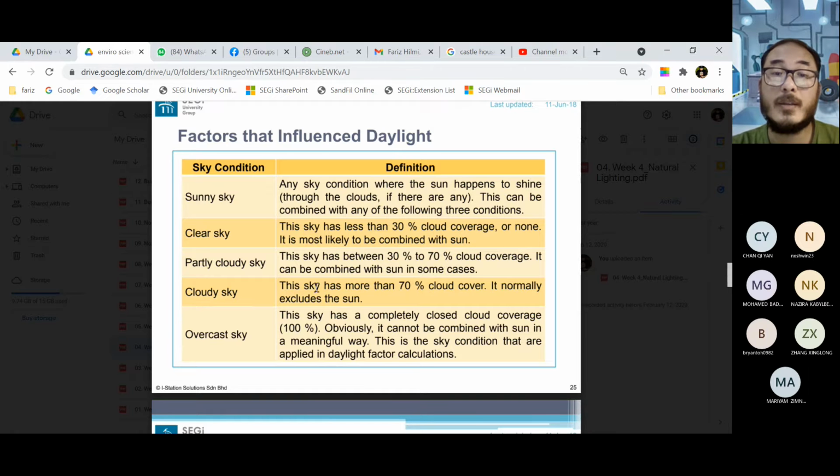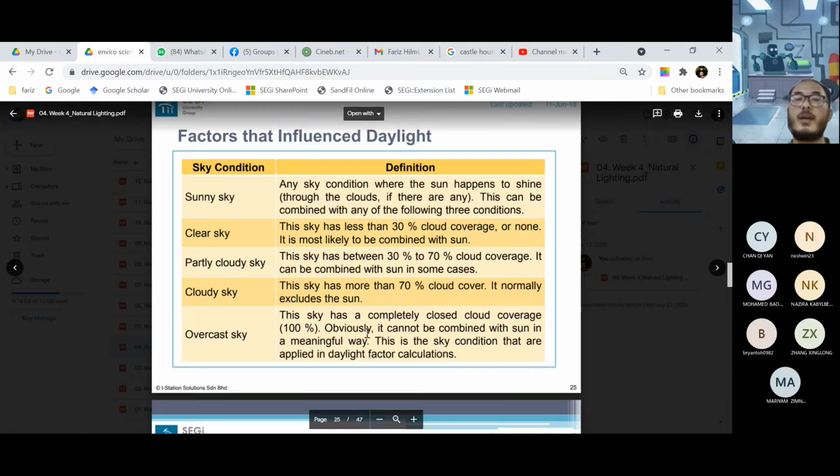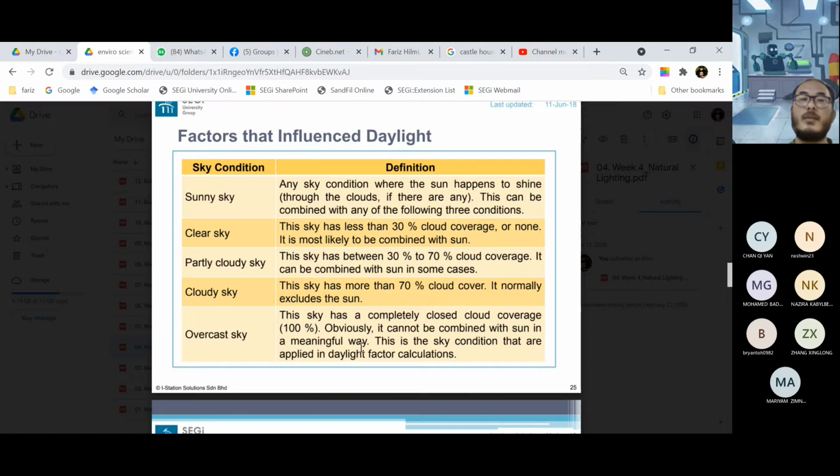Cloudy, the sky has more than 70% cloud cover. It normally excludes the sun, meaning the sun is not visible. Next is overcast. This sky has completely closed cloud coverage, 100%. Obviously it cannot be combined with the sun in a meaningful way because the sun is already hidden by the cloud.